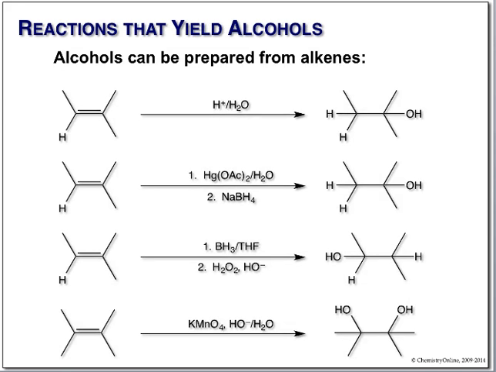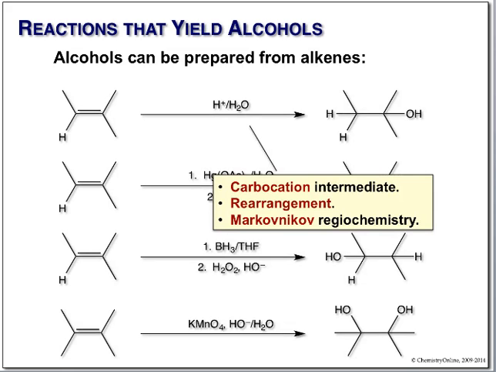We know that this is going to be a stepwise reaction. We know that we're going to have a carbocation intermediate. We know that whenever we have a carbocation intermediate, we can get rearrangement. And finally, the regiochemistry we wind up with, we call Markovnikov. So that's what we already know.